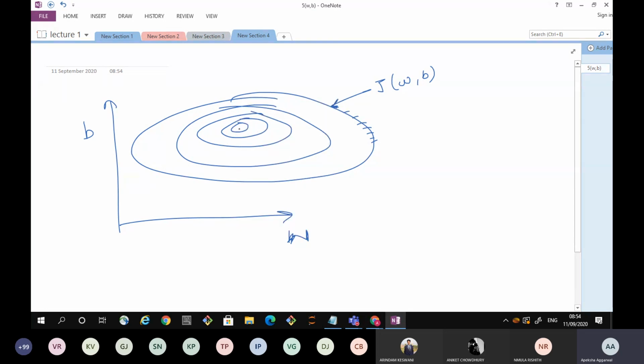Generally when we talk about batch gradient descent, it moves in the direction of the minima directly. While when we talk about stochastic gradient descent, it moves like this.